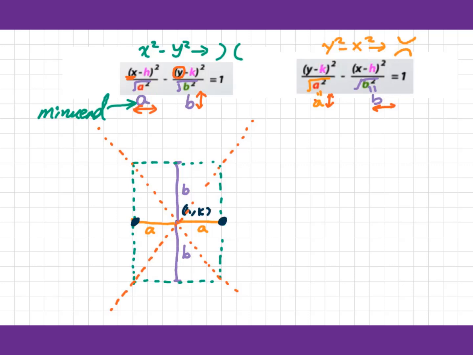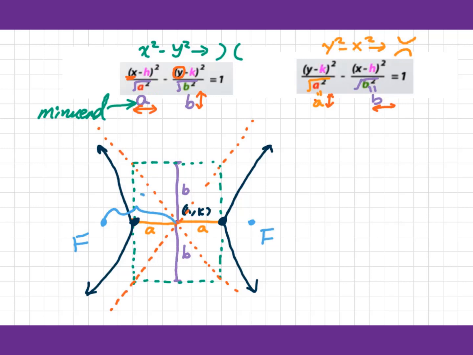These two are the vertices. Then sketch the graph like this. Your focus will be inside the curve. Suppose it's here. Suppose it's here. Then from center to the focus, that's c. And c equals the square root of a squared plus b squared.